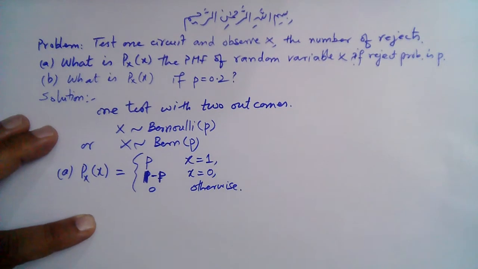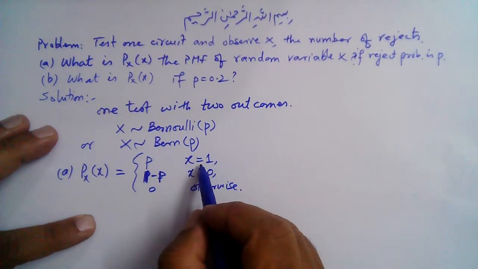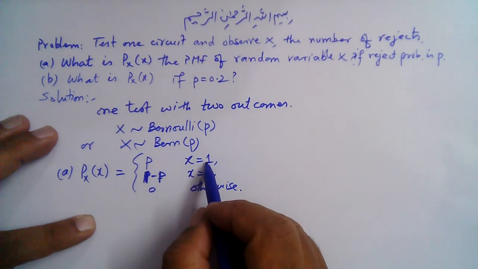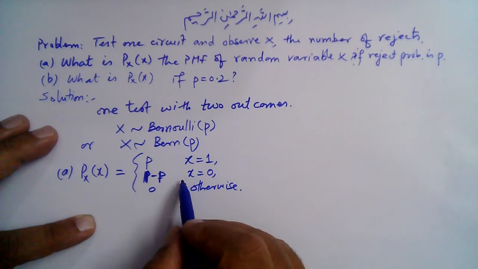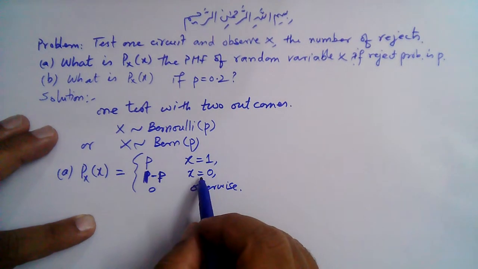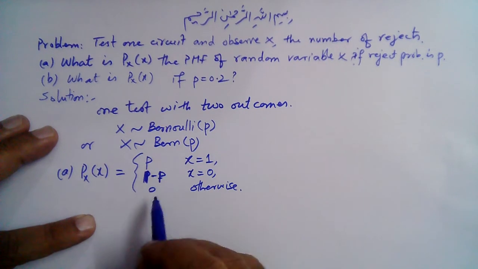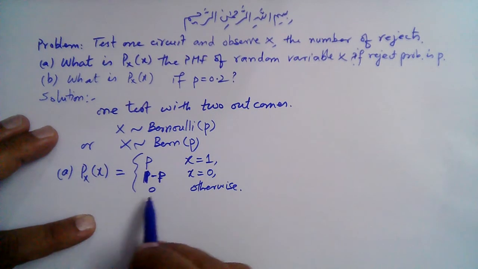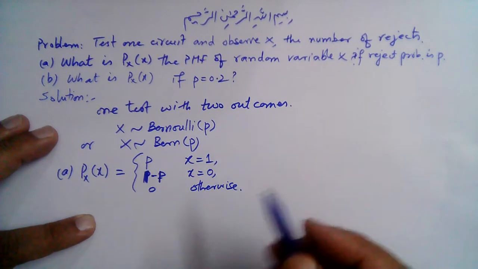So when it is a reject, we represent X is equal to 1 and the probability is p, and when it is acceptable, it is represented using X is equal to 0 and the probability is obviously 1 minus p, and the probability is 0 for all other values of X. So this is part A.